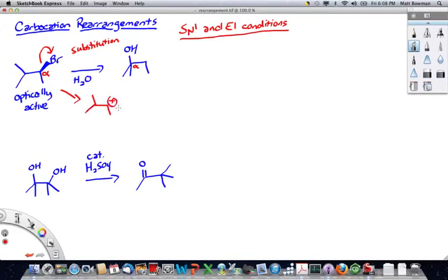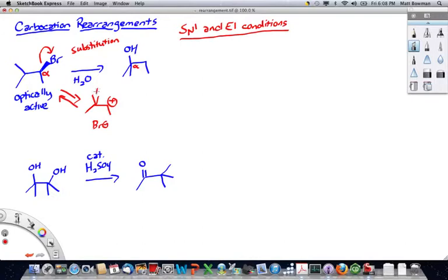Now, secondary carbocations are actually pretty slow to form and are also pretty darn reactive when they are formed. And so most of the time, the bromine will just add right back on. So bromine comes on, comes off, comes on, comes off. It's trying to wait for this water to arrive. But secondary carbocations are very reactive, and so they're not very stable.